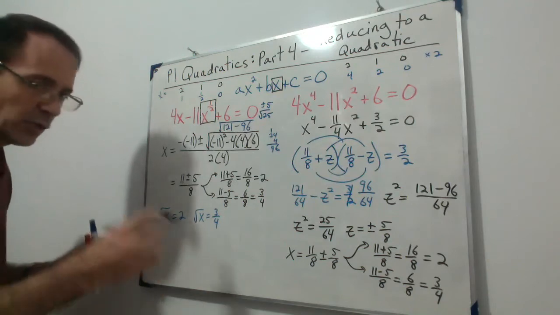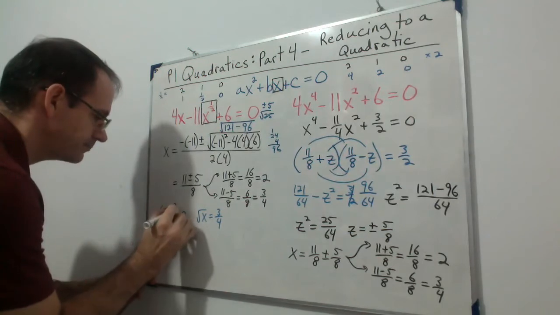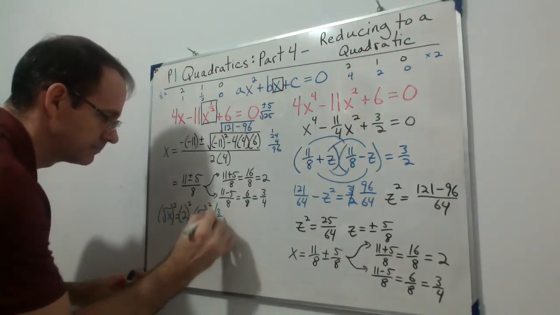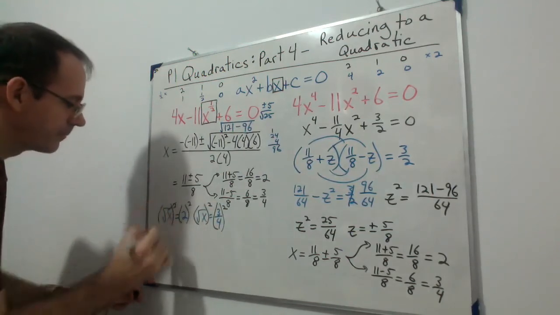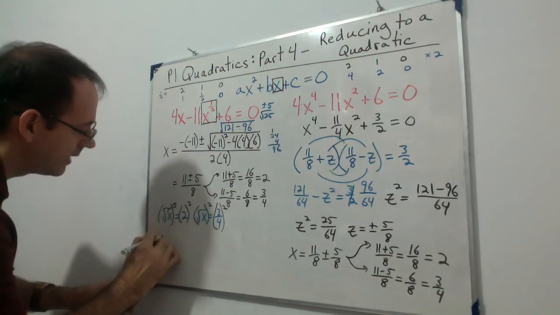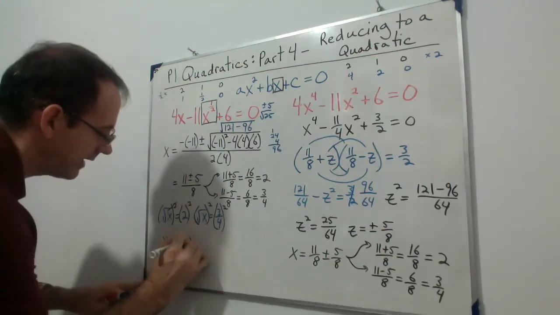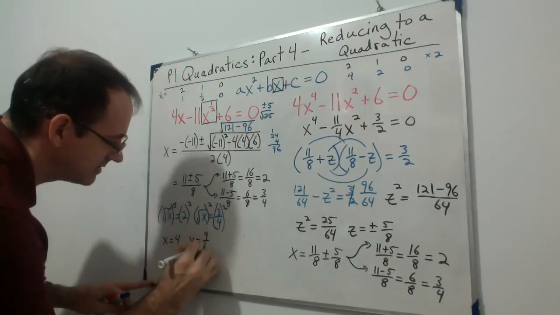You're going to square both sides to get x. Okay, that sounds simple enough. And you get x equals 4, and you're going to get x equals 9/16.